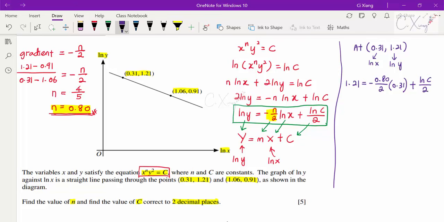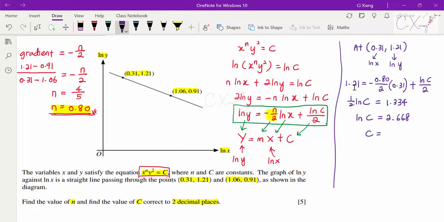If you move and simplify all the numbers and bring them to the other side, the value of half ln c that you get will be equal to 1.334, and the value of ln c will be equal to 2.668.